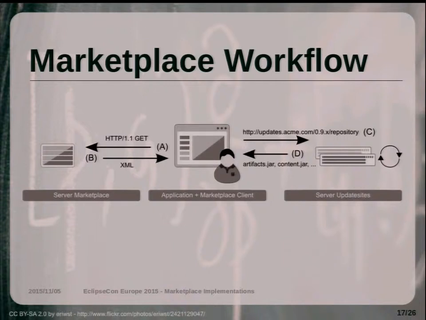Yeah, what you can do, and that's also a point I had last year in the presentation, you can edit the P2 catalog within Eclipse. So when you deliver your application, you can go in there and say, okay, please get me the configuration and add update sites manually there within your code. So that's important when you, for example, offer a plugin which has a dependency on another plugin.